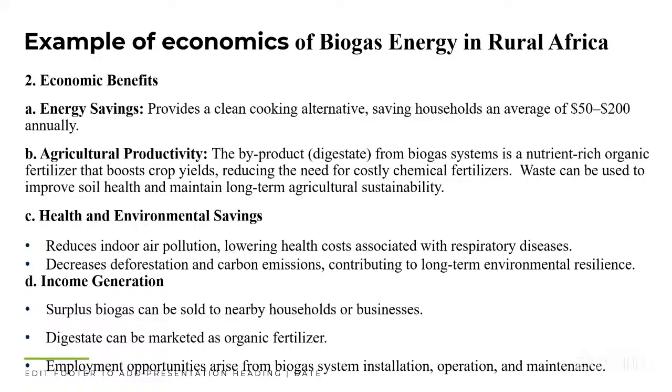Now, in terms of income, of course, it will still provide some revenue to the farmers by providing energy to the household. The waste coming from the digester can actually be marketed and sold as biofertilizer. And also installation, maintenance, operations, all those will provide opportunities for people to get jobs.